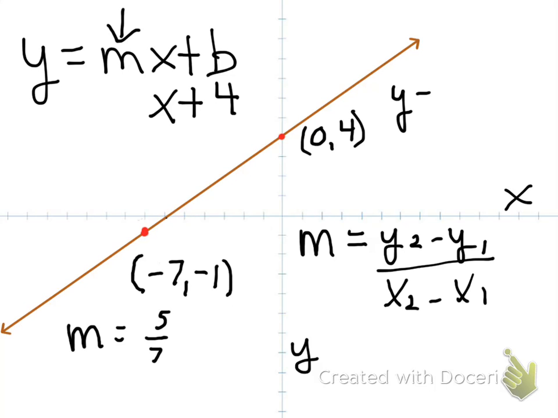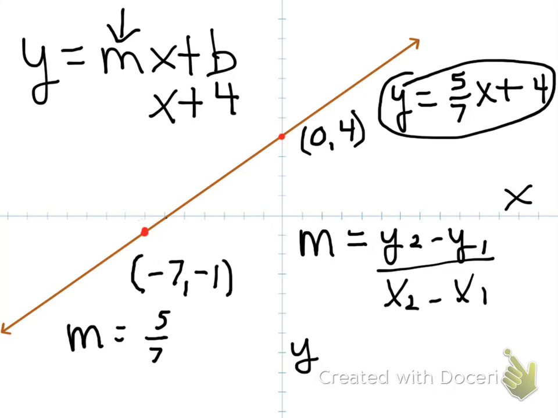So when it's all said and done in your equation, instead of y equals mx plus b, we can now write y equals 5/7 x plus 4. And that is this equation. That's the equation for the line in slope-intercept form.